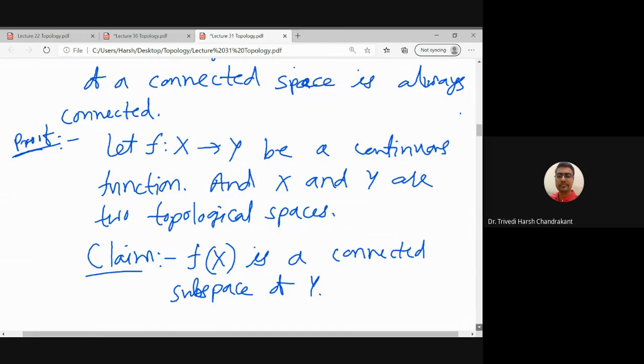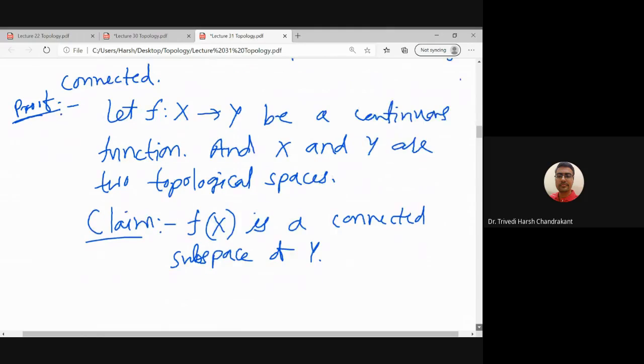So now we want to show this f(X) is a connected space. Let us start by assuming that f(X) is not connected, and then we'll get a contradiction, right?